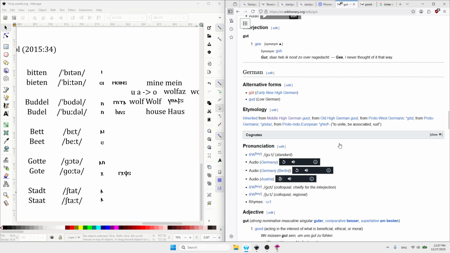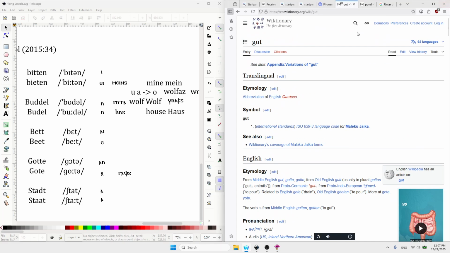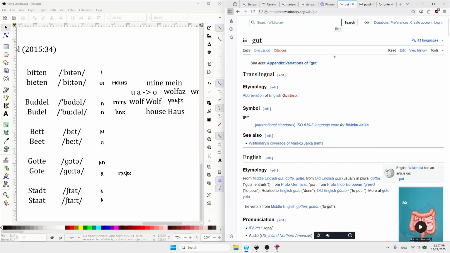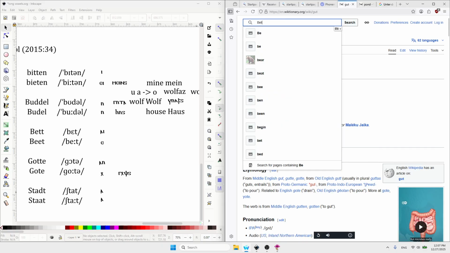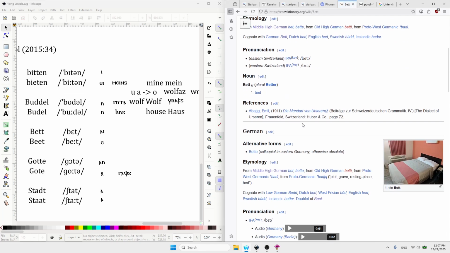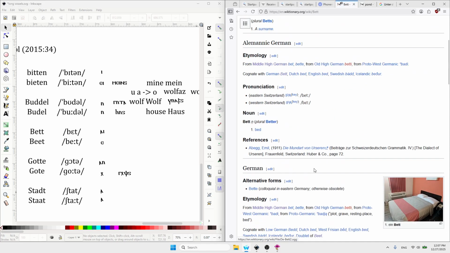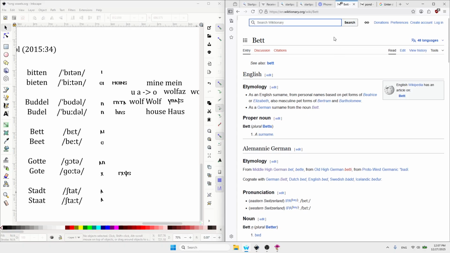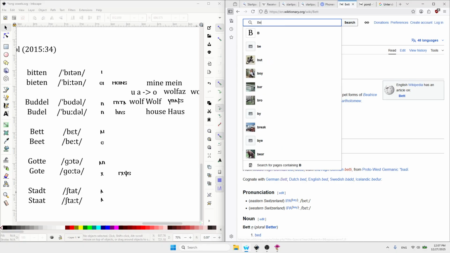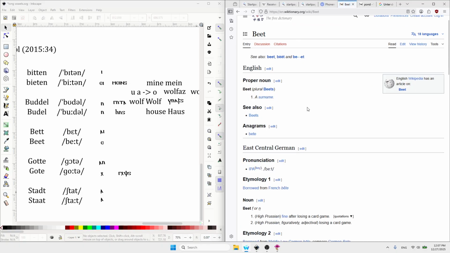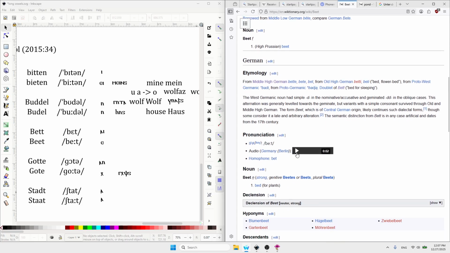I don't know. But I'll just go to Bett, and that should sound close to the English word bet with one T. But let's see if there's an article. Bett.